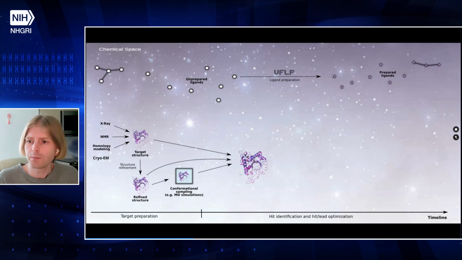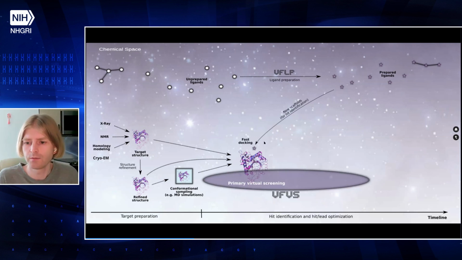So VFLP does all the things like protonation states, tautomerization states, three-dimensional structure, and so on of the small ligands. Once prepared, here on the right, the violet stars represent the prepared molecules. Once such a library is prepared, it can be used again and again for virtual screening, VirtualFlow for virtual screening, VFVS.